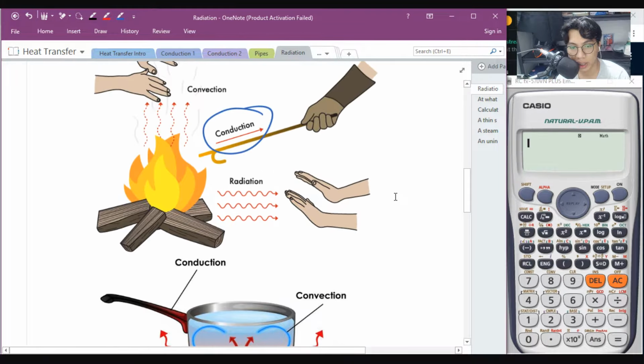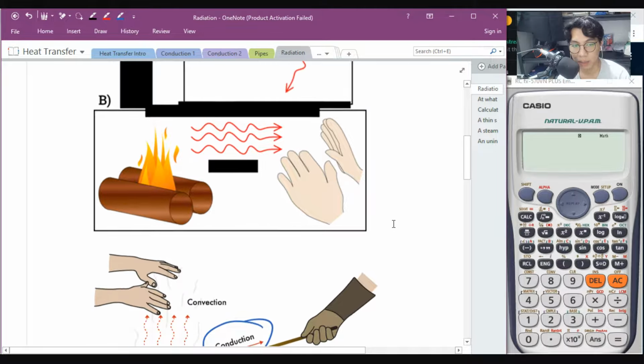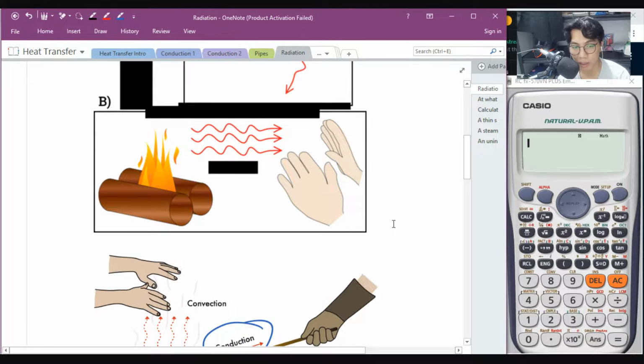Radiant heat. And this is transmitted with the use of waves. So, heat waves coming from the sun, the heat waves coming from a burning coal or wood.